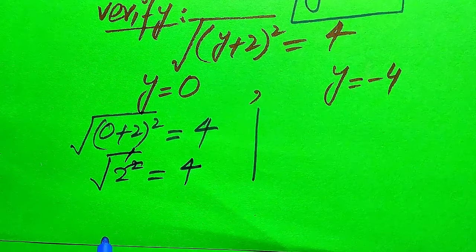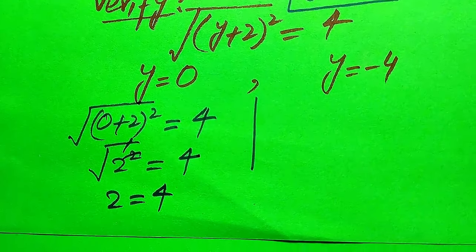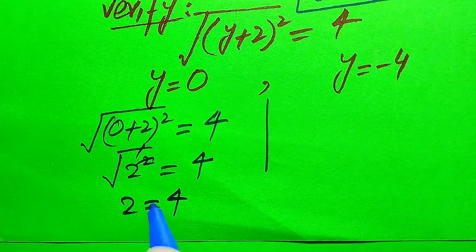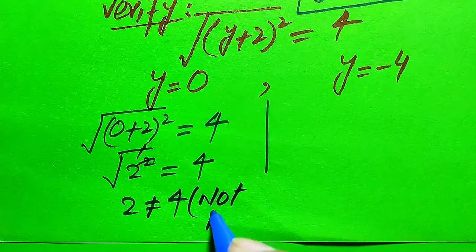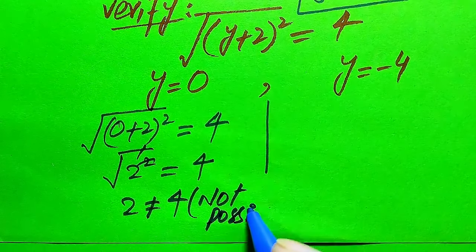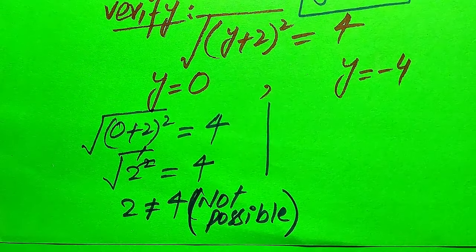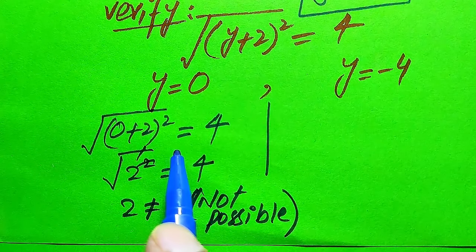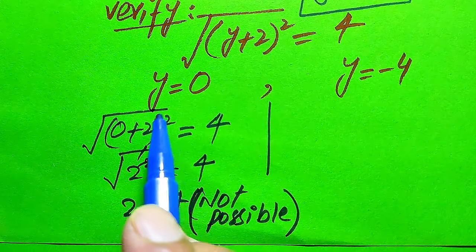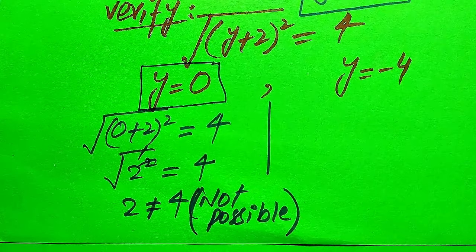So the square and square root are gone and we get 2 equals 4. And you see here 2 is not equal to 4. In other words, it is not possible that 2 equals 4. So this is not a possible case. It means that the value of y does not satisfy our given question statement. So this means that y equals 0 is not a solution of this equation.